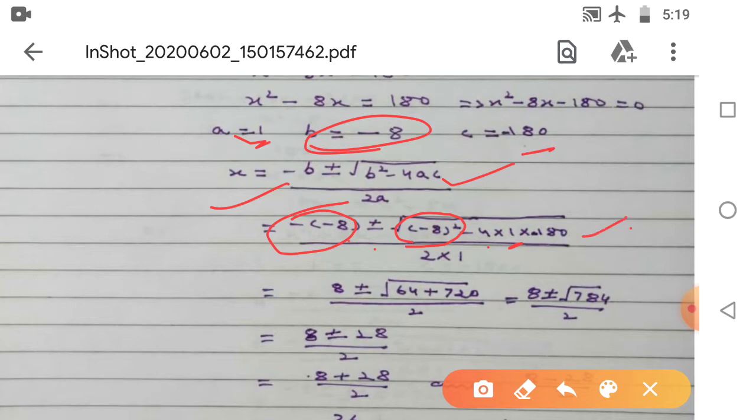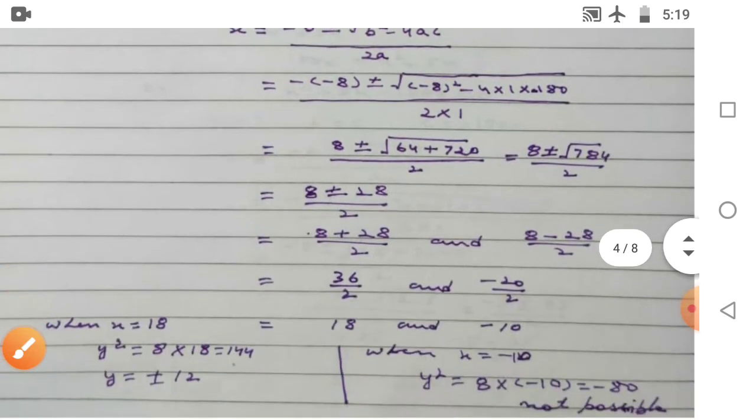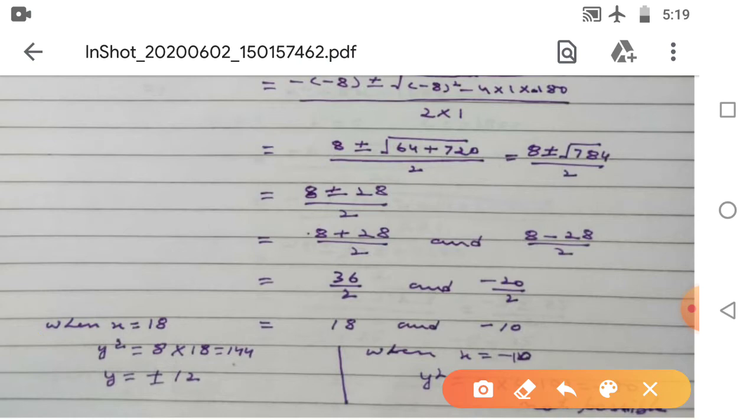So, it is 8 plus minus, 8 whole square is 64, and 4 into 180 is 720, and it is now 8 plus minus under root 64 plus 720 is 784, and the square root of 784 is 28, and we have 8 plus minus 28 upon 2. So, one time you take plus, that is 8 plus 28 upon 2, and one time you take minus, 8 minus 28 upon 2 here.